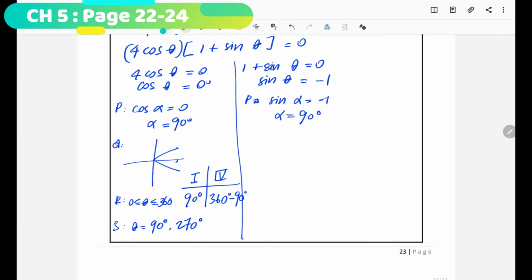So this one, I'll get alpha is equal to 90 degrees. So Q, okay, kuadran yang keberapa dekat sini? Sign negatif. So sin negatif berada pada third and the fourth quadrant. Okay, so all students take care. So for the third and the fourth quadrant.